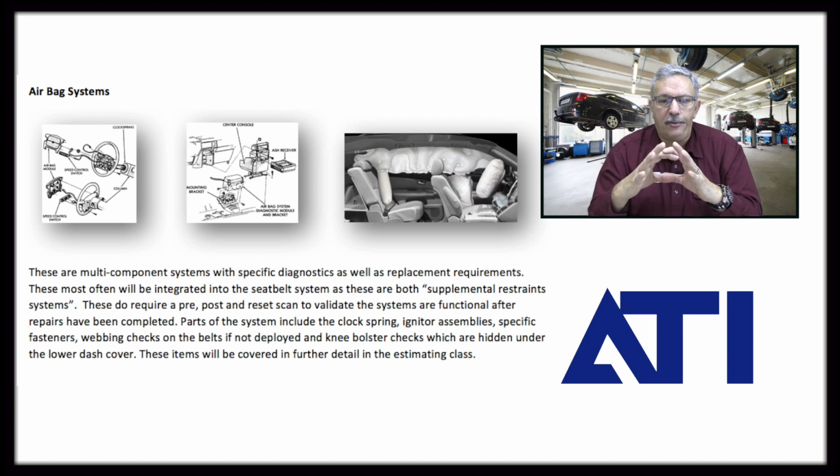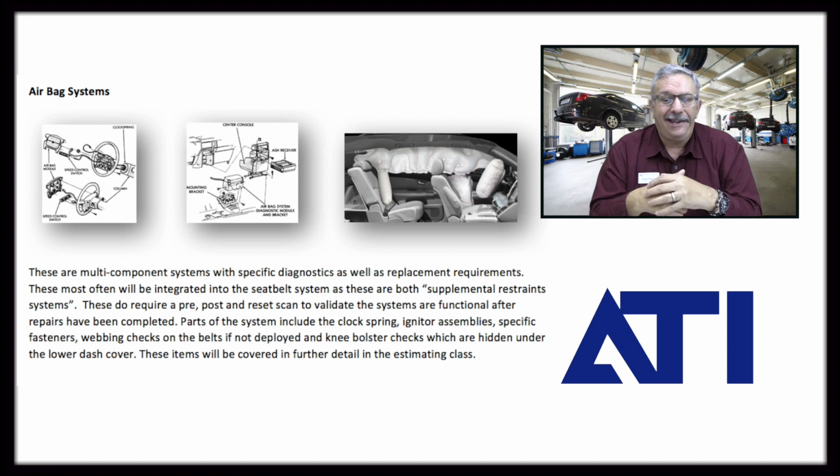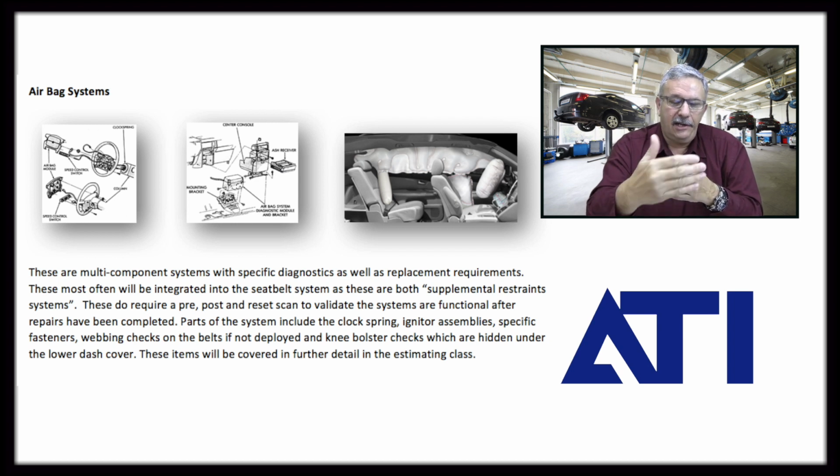So that's a pretty important part. Then that goes into the igniter assembly itself, which is actually the back of the airbag. Actually, if you're looking at it, it would be the front. The airbag itself would be the back. But that ignition source goes into that igniter module.